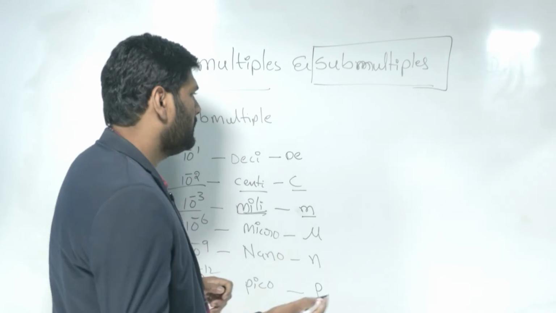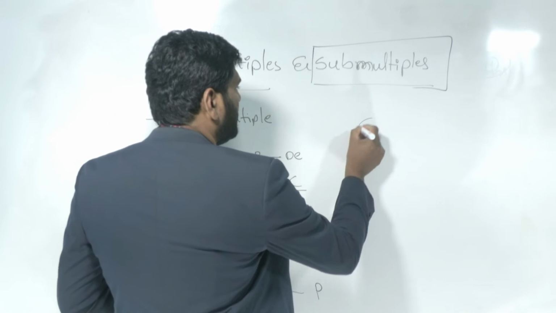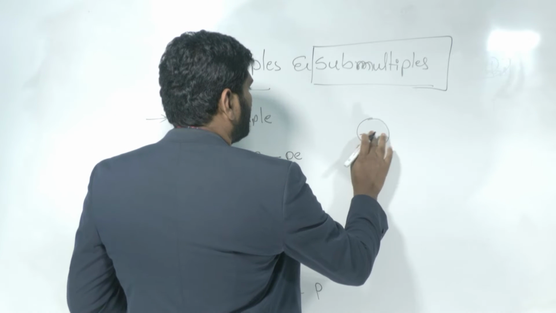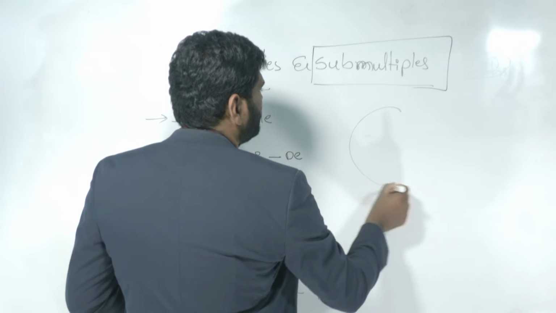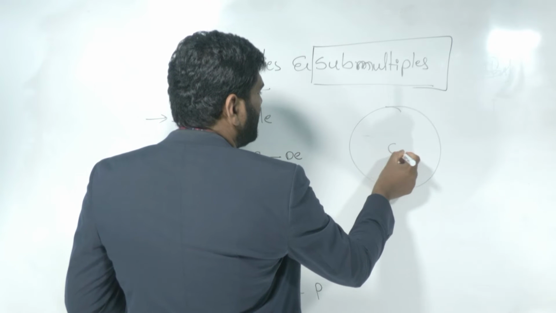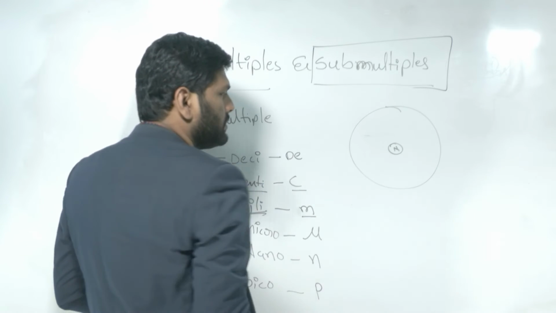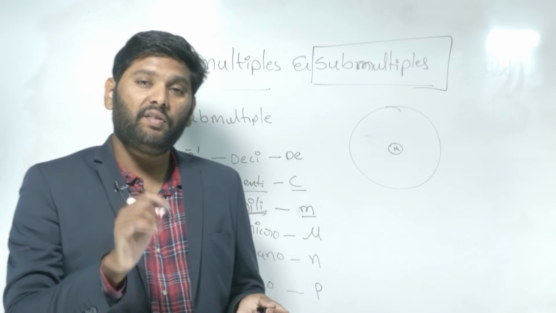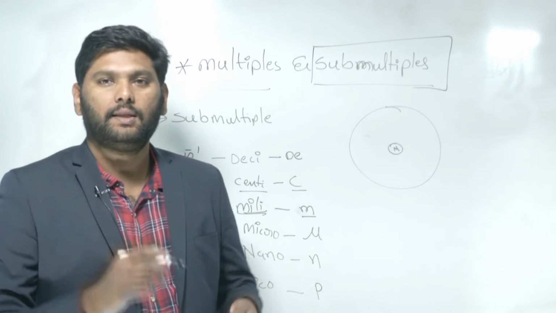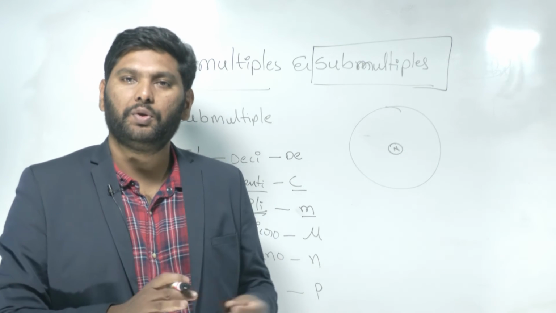For example, this is an atom, and inside the atom we have a nucleus. The atom is not visible, and the nucleus inside is absolutely not visible to you.